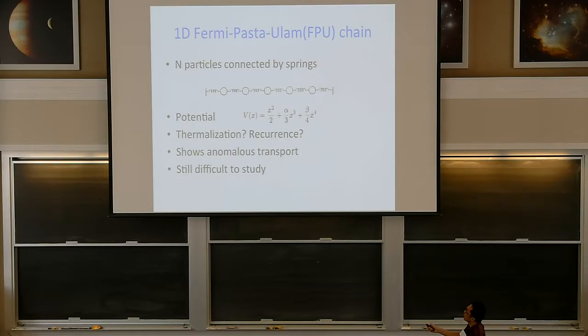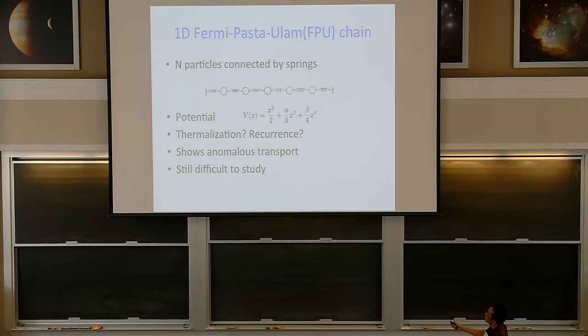At the beginning, they seemed to observe a tendency toward thermalization, but when they waited for a longer time, they observed almost recurrent behavior. When they started from some specific initial conditions, after some time, almost the same initial conditions were realized.